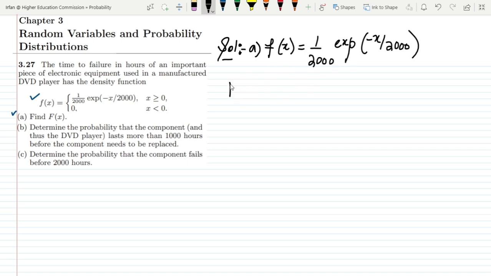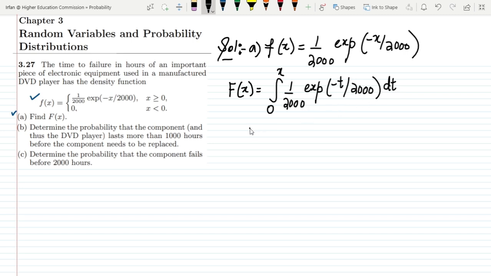In order to find the CDF, or capital F of x, what do we have to do? We have to integrate this function from 0 to any unknown value, let me call it x, because it starts from 0. Writing the density function in another variable, small t, it would be exponential of minus t divided by 2000, integrated with respect to t.